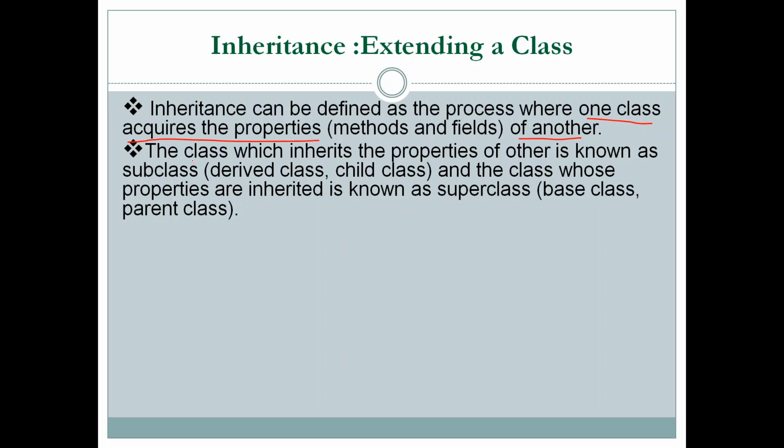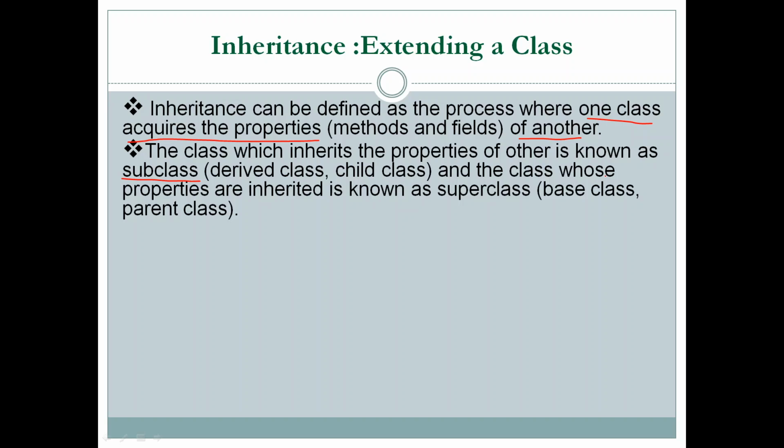Okay, the class which inherits the properties of other is known as subclass. So remember, the class which inherits the properties is called a subclass, or it is also called a derived or child class.